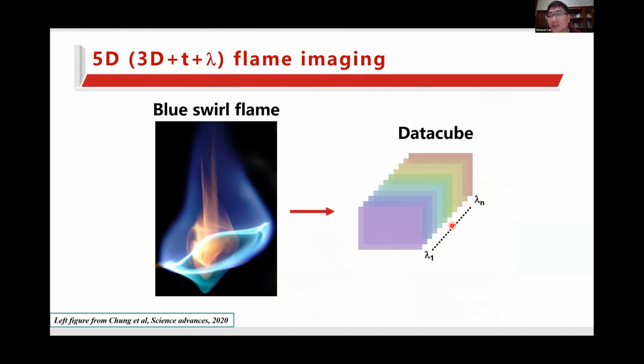It's the same with the flame chemiluminescence at one single wavelength, because that's also a three-dimensional data cube. So how do you reconstruct a three-dimensional data cube? You just try to do tomography, right? If you can get the projections of this data cube along different angles, then you can combine it with tomography to recover this data cube.